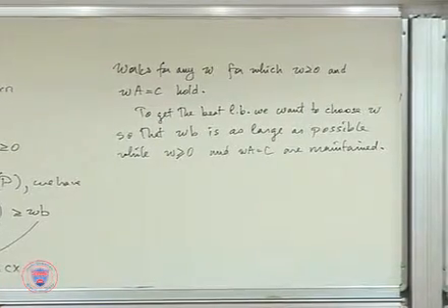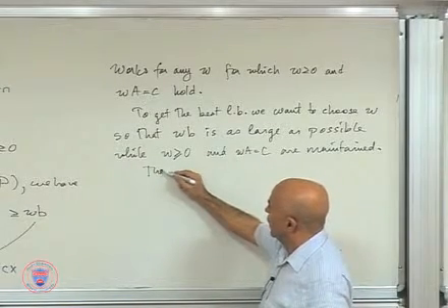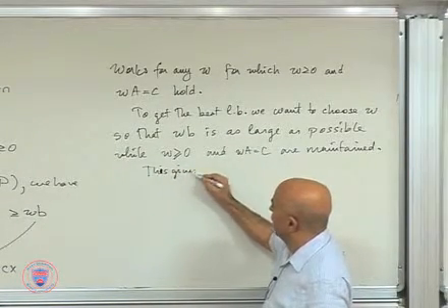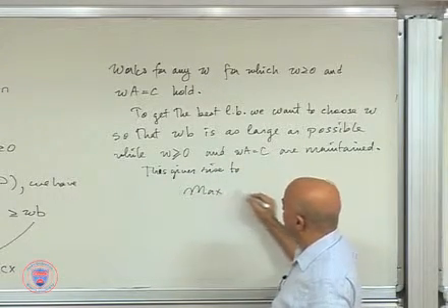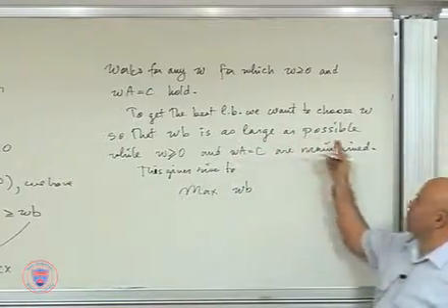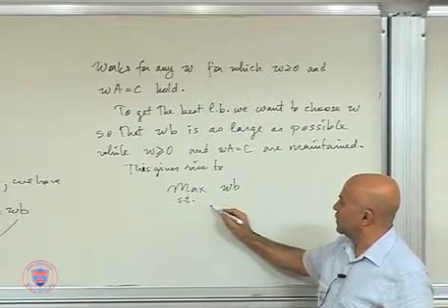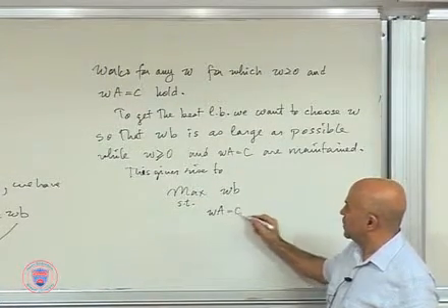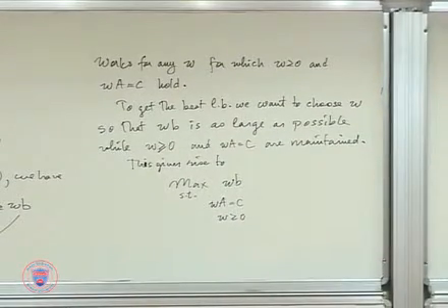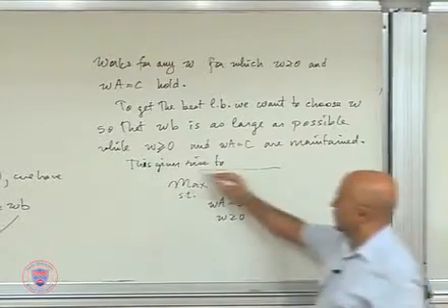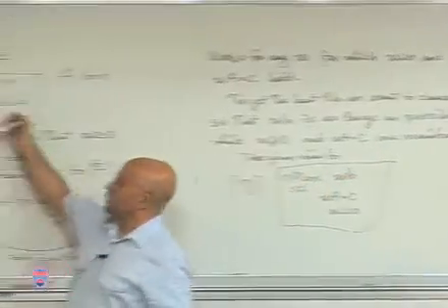Okay? So this gives rise to the following linear program. You want to maximize WB, that's because you want to make it as large as possible, while maintaining the conditions WA equals C and W greater than or equal to 0. That's where the dual comes from. This is called the dual of the primal problem that we stated here.